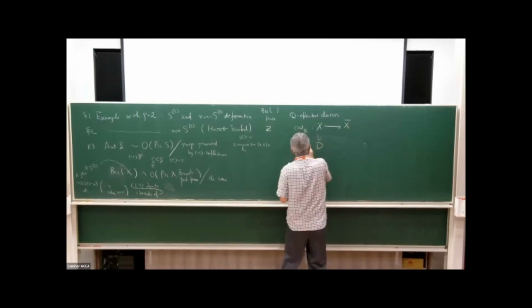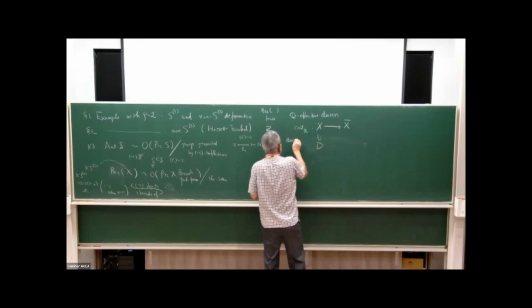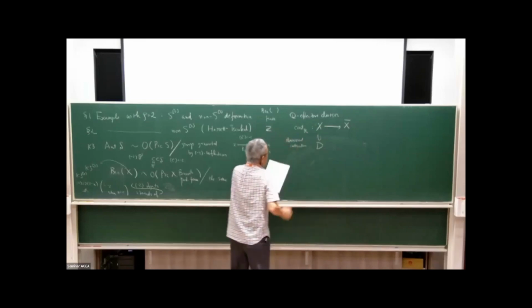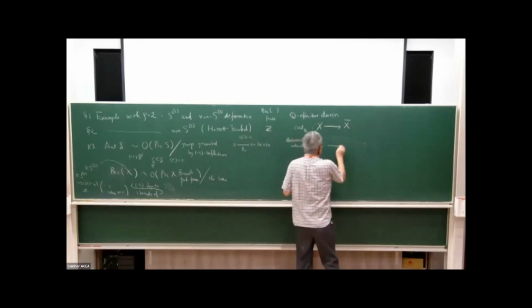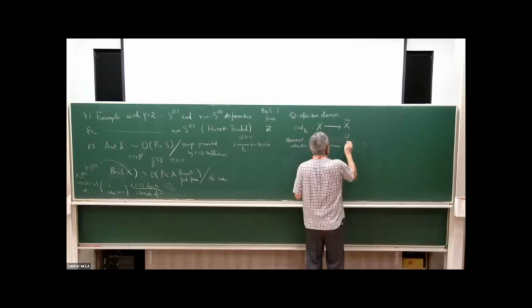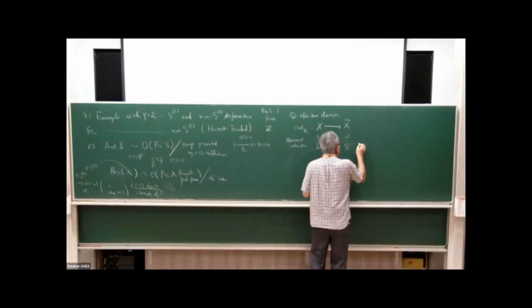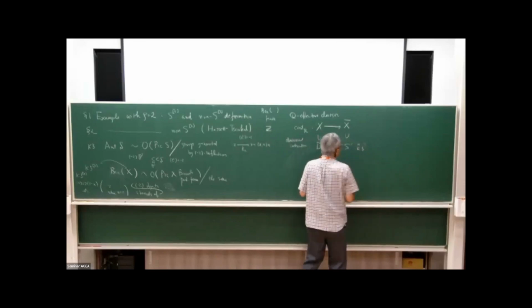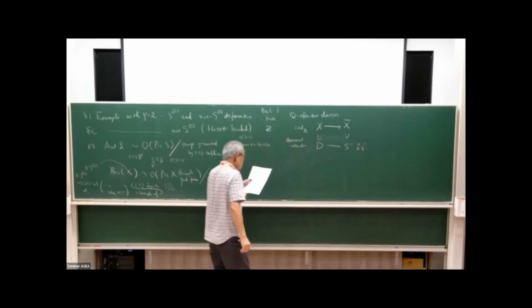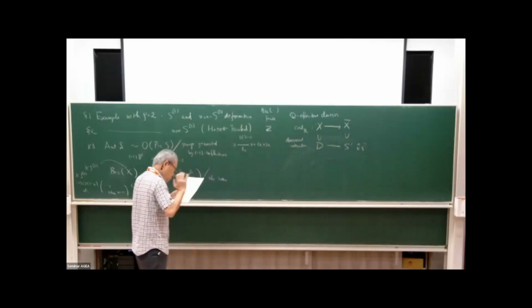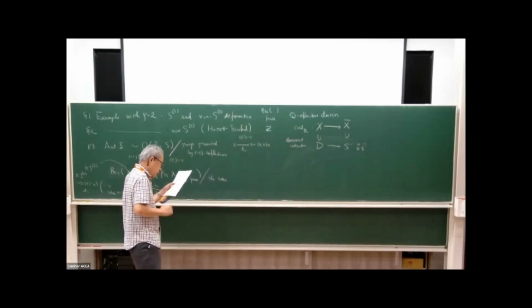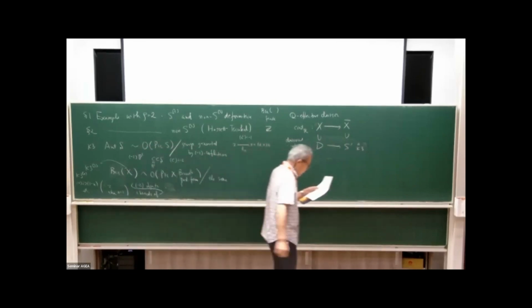The divisor D is contracted to a K3 surface, not necessarily the K3 which we start with, sometimes another K3.